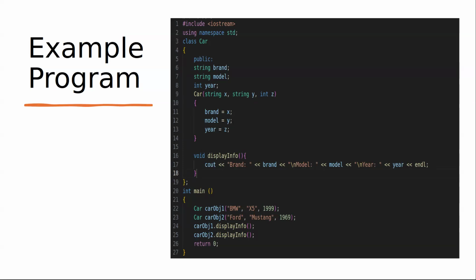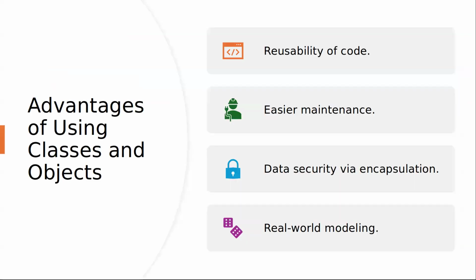Back to slide 8. The advantage of classes and objects is that they help us organize our program around real-world entities rather than just steps or functions. This approach makes our code modular, since each class handles one clear responsibility, and reusable, because the same class can be used to create many different objects.